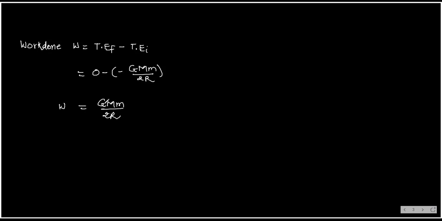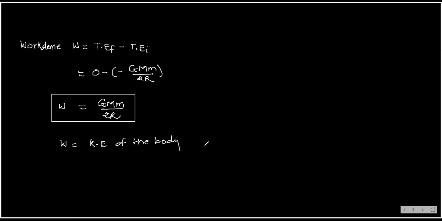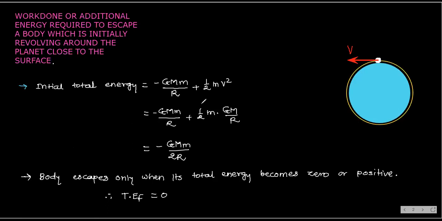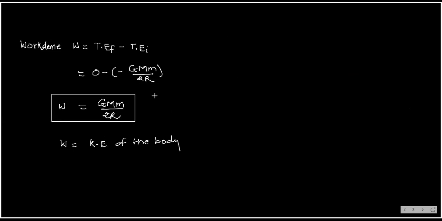This is W. Clear? So this GM by 2R is nothing but kinetic energy, and therefore W is equal to the kinetic energy of the body. Yes or not? You can see here, this is nothing but kinetic energy only. So that's why I am writing here that work done is equal to the kinetic energy of the body.